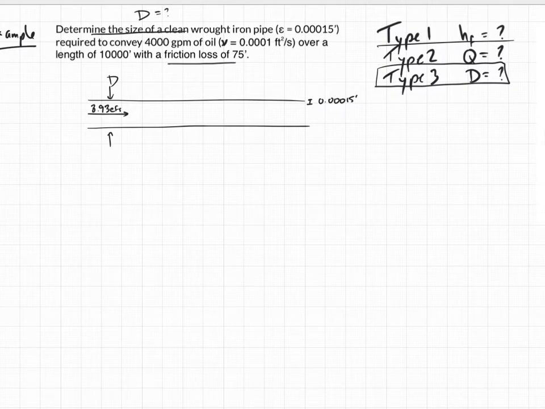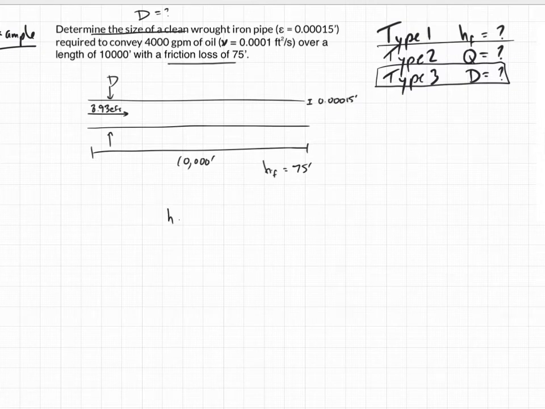We know it's oil, and we know that it's 10,000 feet long. And we know the friction loss is 75 feet. If we were to do the energy equation like we did in the last one, I wouldn't be able to get at the pressure between position 1 and position 2. So I wouldn't be able to solve this.